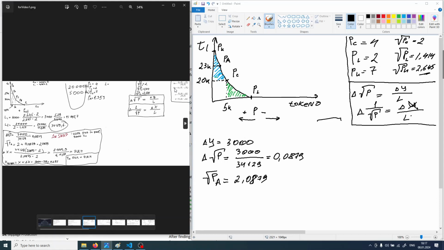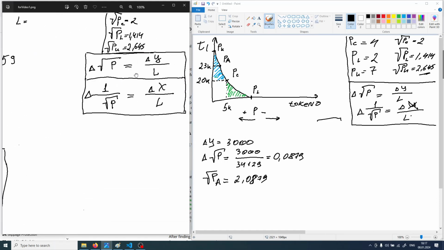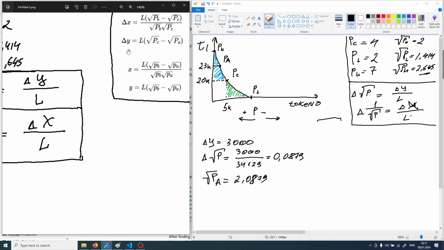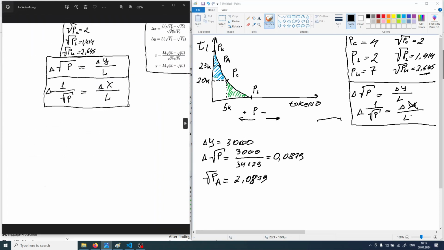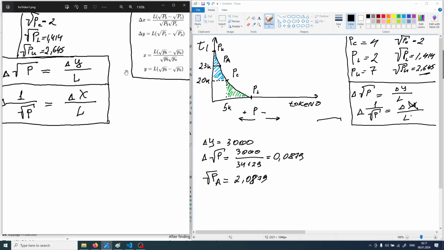You can see delta x will be equal to liquidity multiplied by P target. In the book this formula says it's square root of PB, but it is more convenient, more understandable if it is P target.